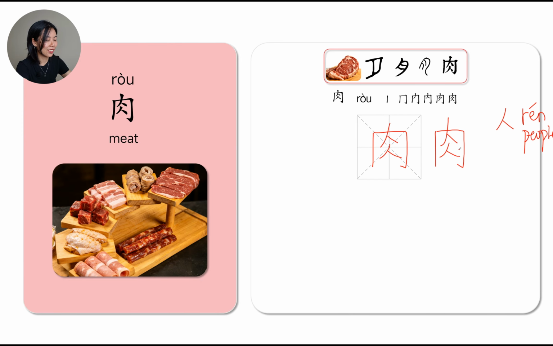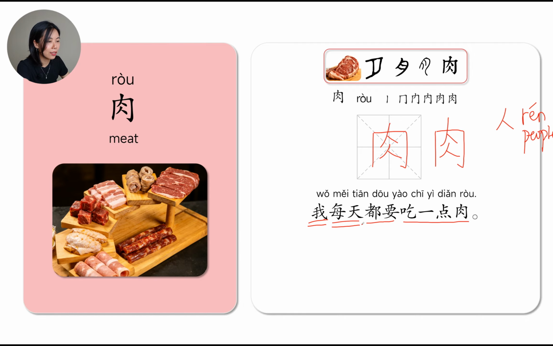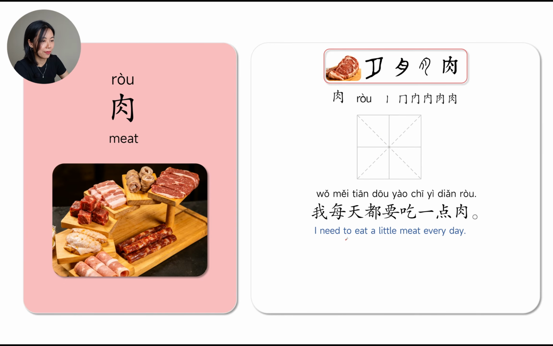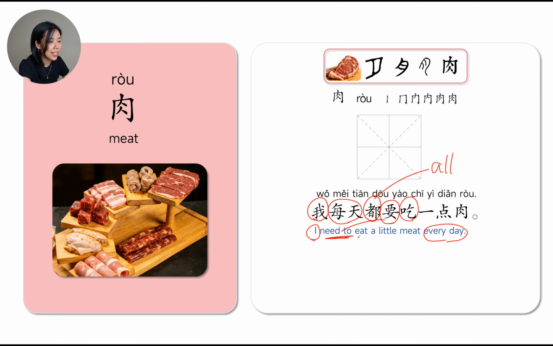Okay, now let's take a look at the sentence. 我每天都要吃一点肉。I need to eat a little meat every day. 我 is I, 每天 every day, 都 means all, 要 need to, 吃 eat, 一点 a little, 肉 meat.